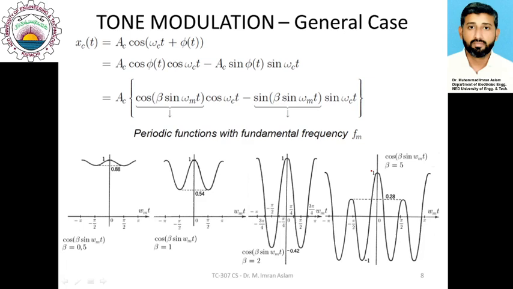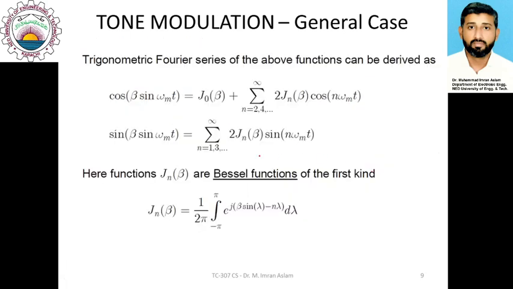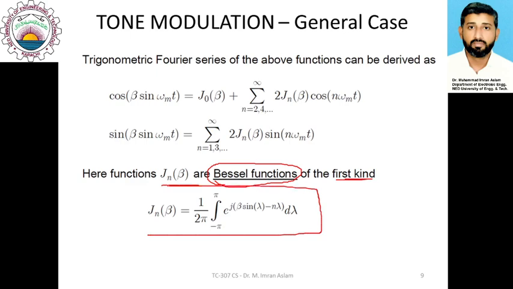From a mathematical perspective, these functions are represented using the Bessel function. There is a special function in mathematics named the Bessel function, or sometimes the Bessel function of the first kind, which is represented by this mathematical relationship.